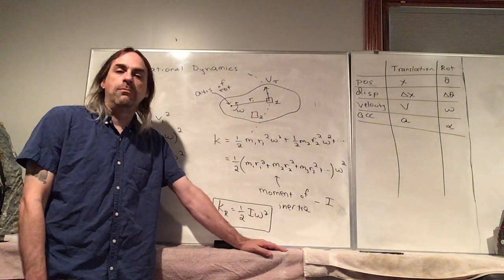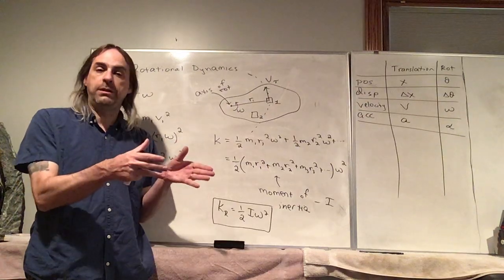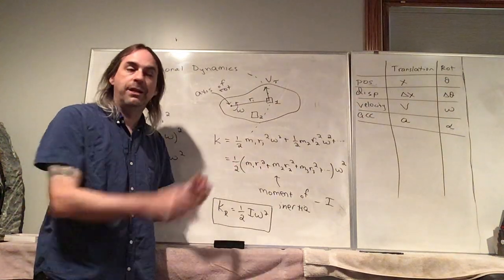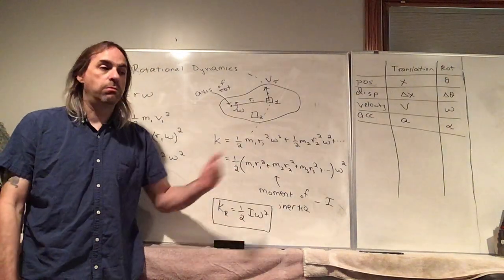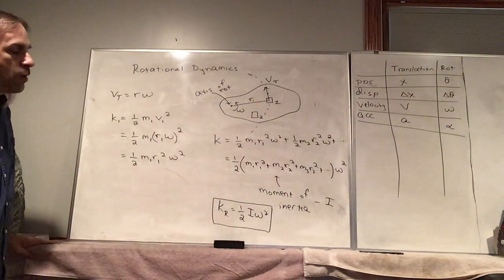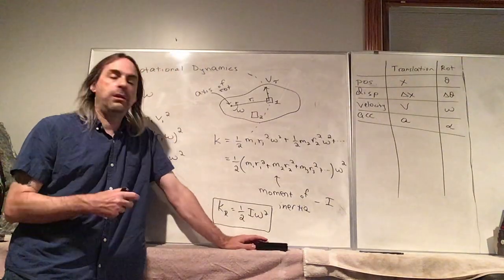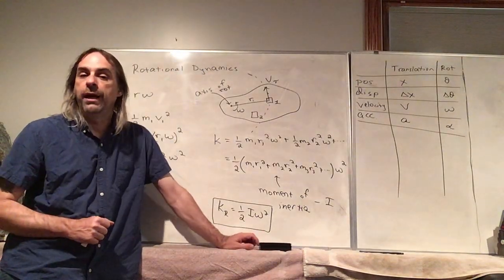So for linear motion, mass is inertia. If you have a large mass that's at rest and you want to get it moving, it's going to take a lot of force to change that state of motion. And moment of inertia is just the rotational equivalent of that.